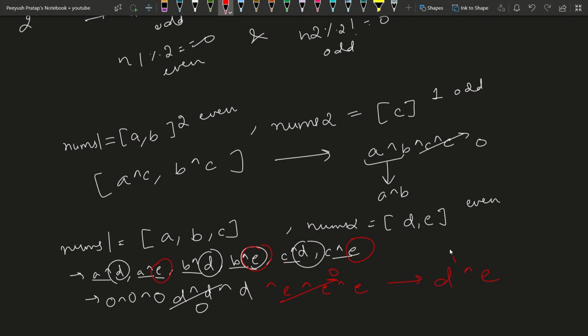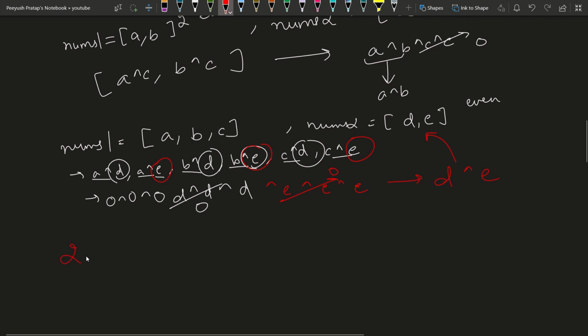This. What is this? XOR of this element. So what we can say, if either one of them is odd and another one is even, then the answer will be XOR. Second case, odd and even present, then our answer will be XOR of elements of the even array.